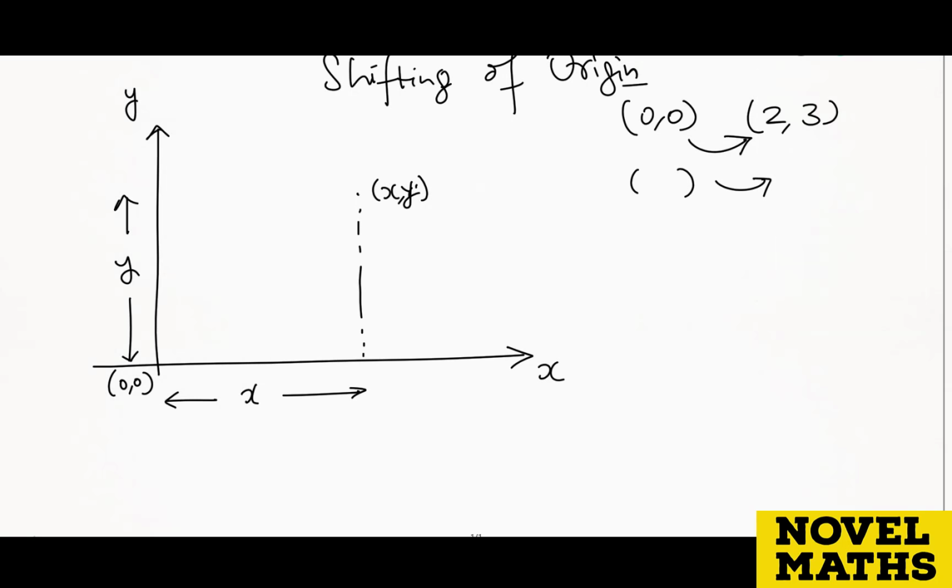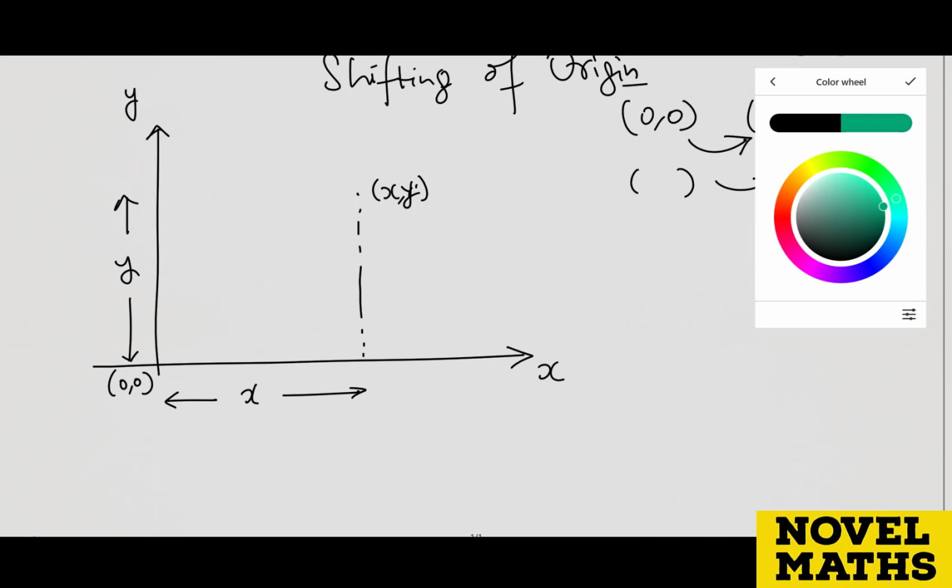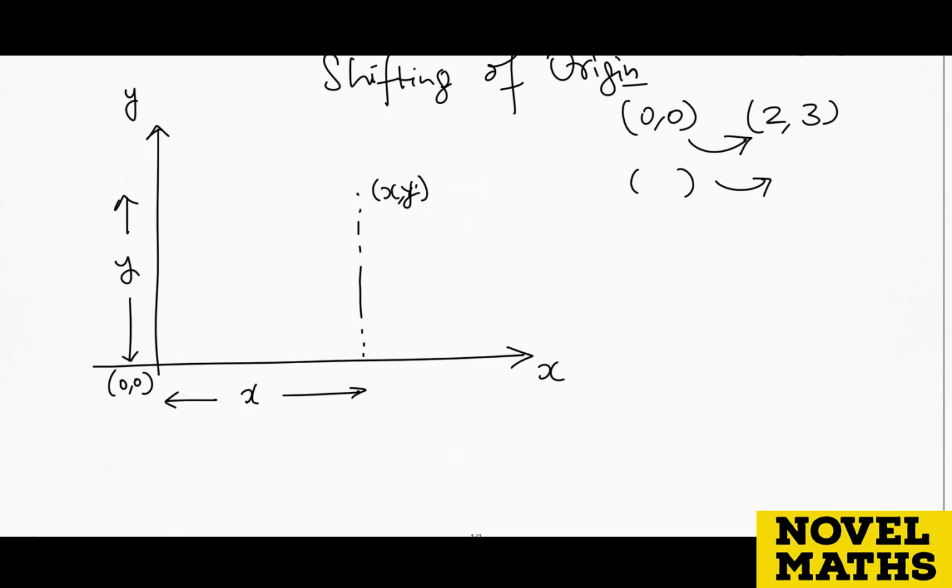Now if I change the reference point, from where the comparison is getting done, let's say we are changing it to this point, we have shifted this origin h in this direction, x axis, and k in y axis.